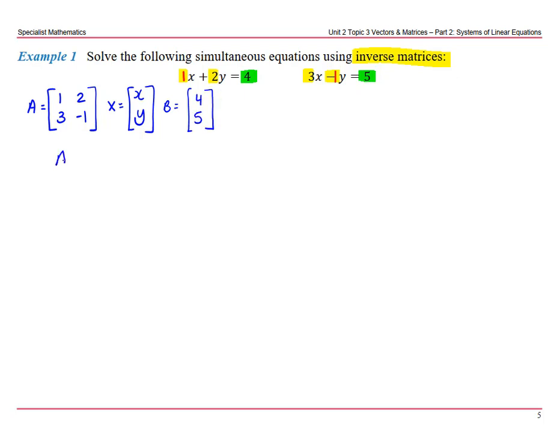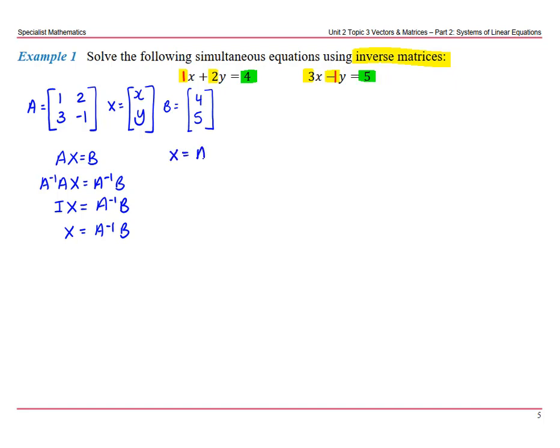Now write down what we're doing. We've got AX equals B. We pre-multiply: inverse of A times A times X equals the inverse of A times B. That gives us IX on the left-hand side is the inverse of A times B. So X is the inverse of A times B. Now we can work out what that is.